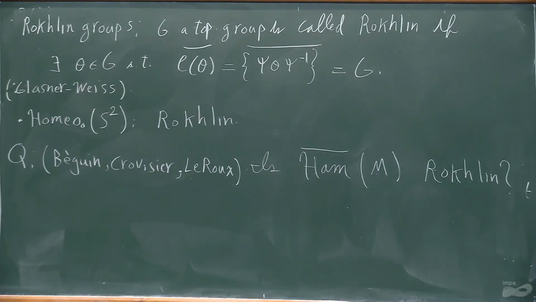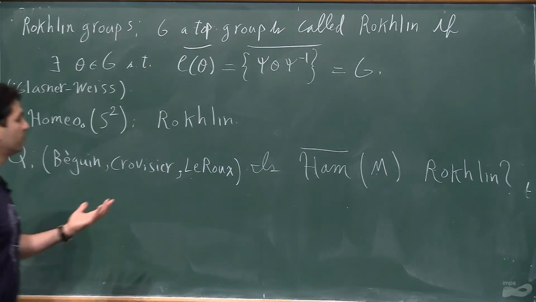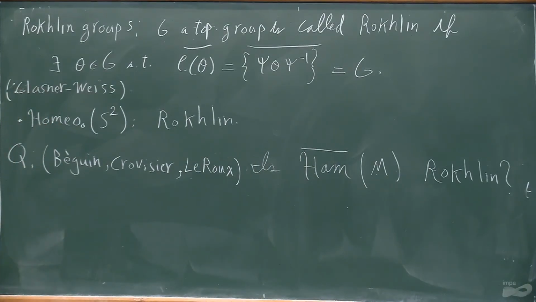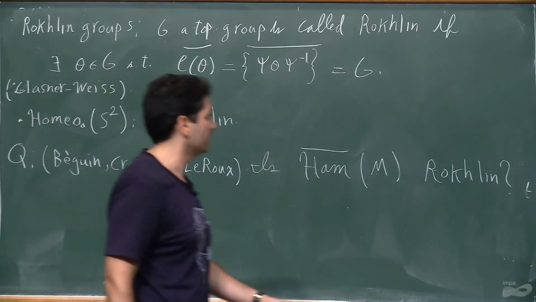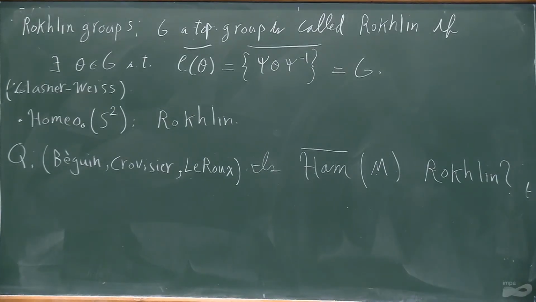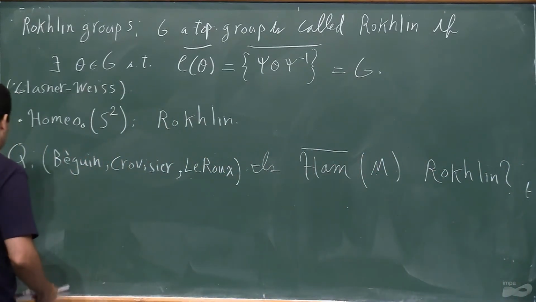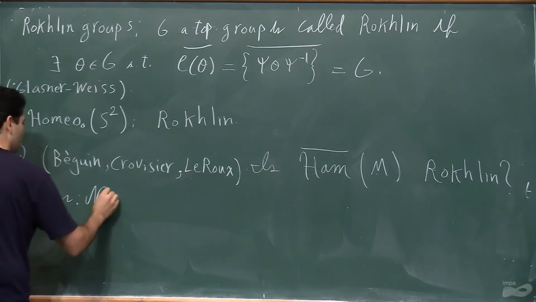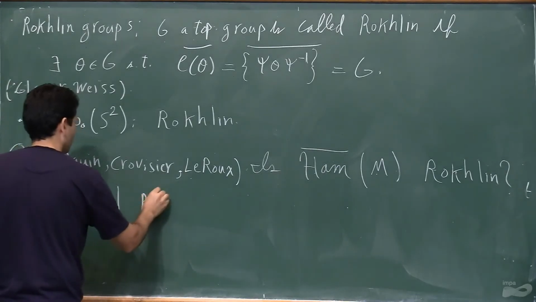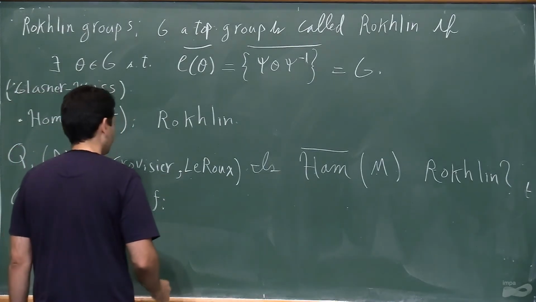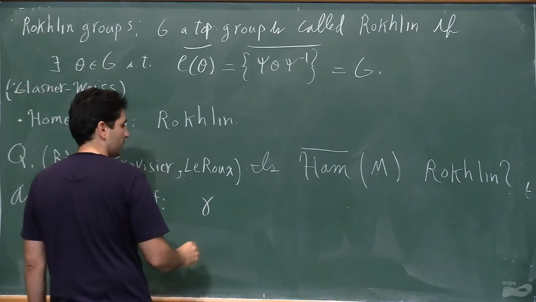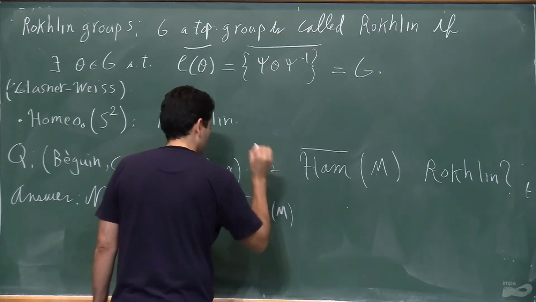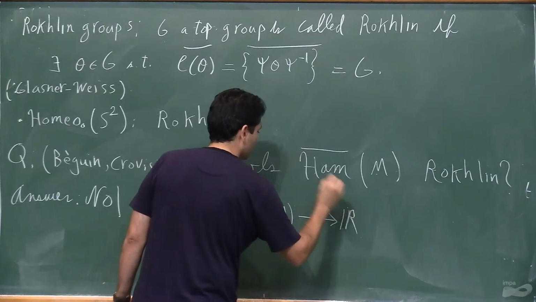Okay? And so it turns out that symplectic rigidity forces this. The symplectic groups turn out to be not Rokhlin. And this is an immediate consequence of the fact that gamma is C0 continuous. So the answer is no. And here is the proof. Let's remember that we have this gamma defined on Ham bar of M to the real line.